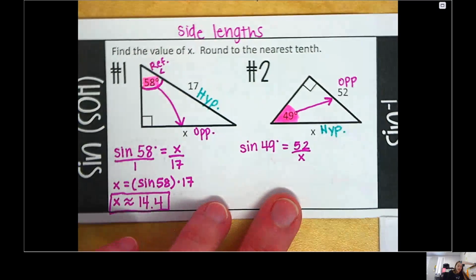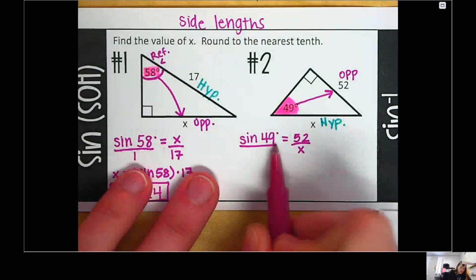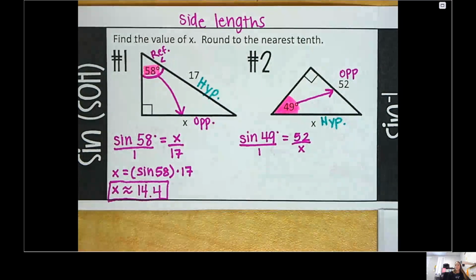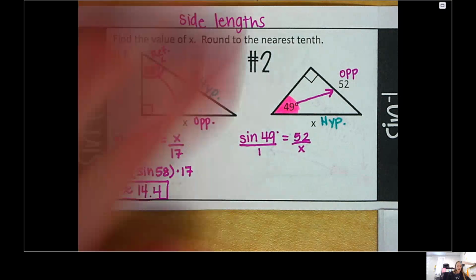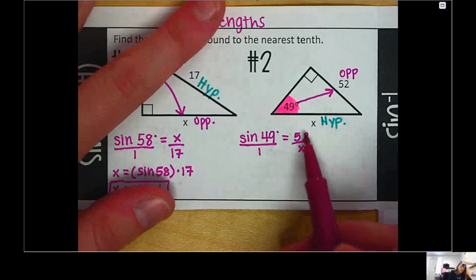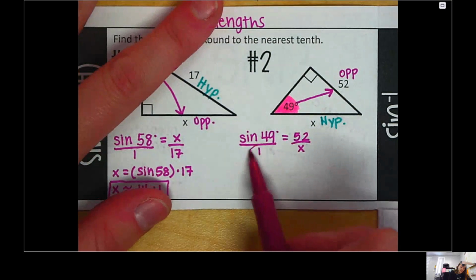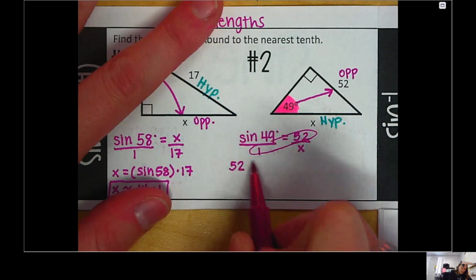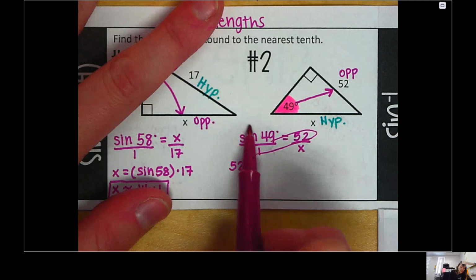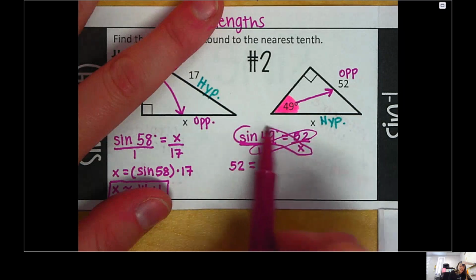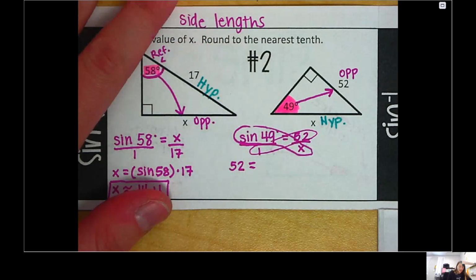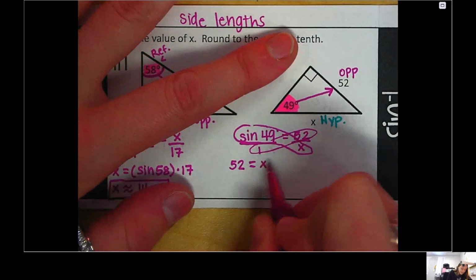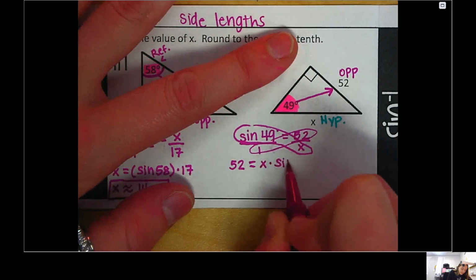Okay, and then I put a 1 underneath, and then I cross multiply just like I did before. Now this time it's a little bit different. 52 times 1 gives me 52, equals x times the sine of 49.